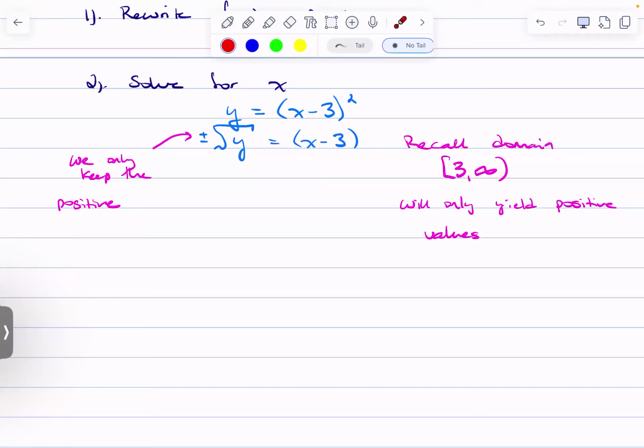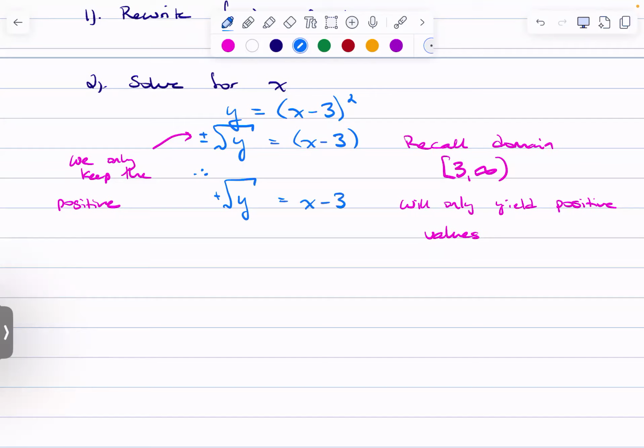So, therefore, on the restricted domain, I just have the root of y. And if you want, you can have a plus out front there just to remind yourself, but you don't have to. It must be x minus 3.